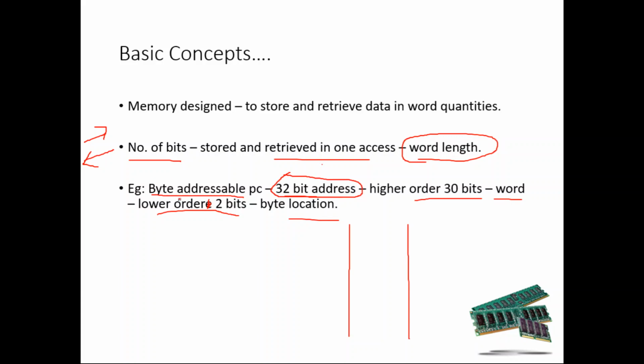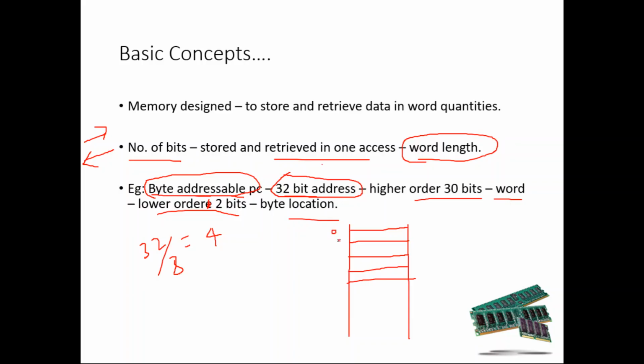And again we say that it is byte addressable. So how many bytes does 32 bits contain? It contains 4 bytes, right? 32 by 8 is 4. So if you take memory, say for example, this is location 0, this is location 1, this is location 2, and this is location 3.